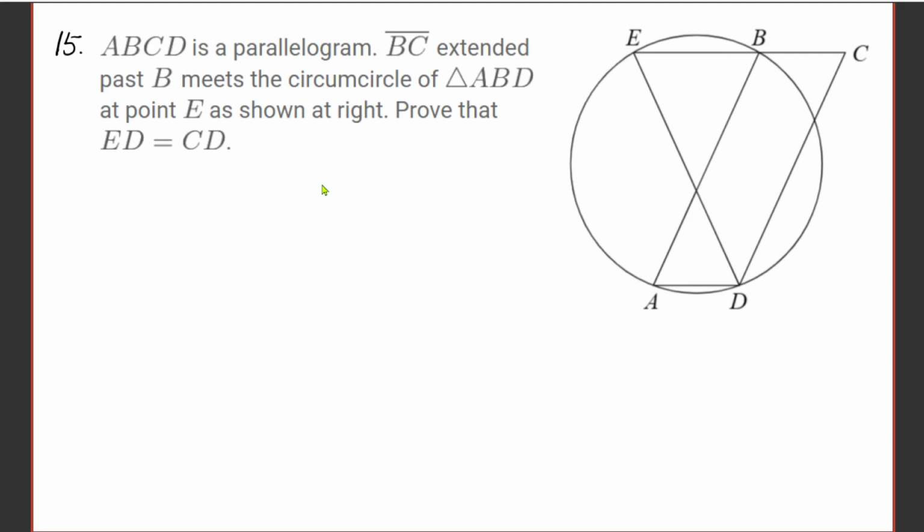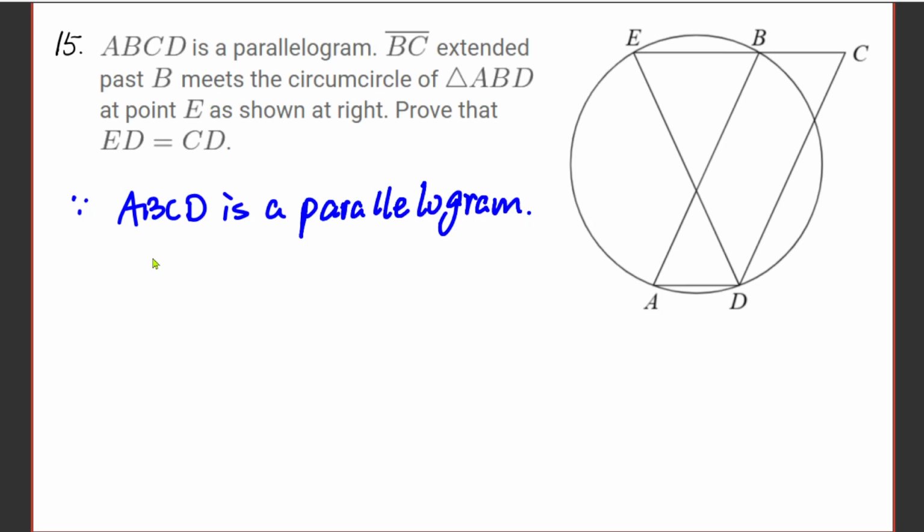Okay, first of all, we know that ABCD is a parallelogram, then we have angle A equals angle C, right?